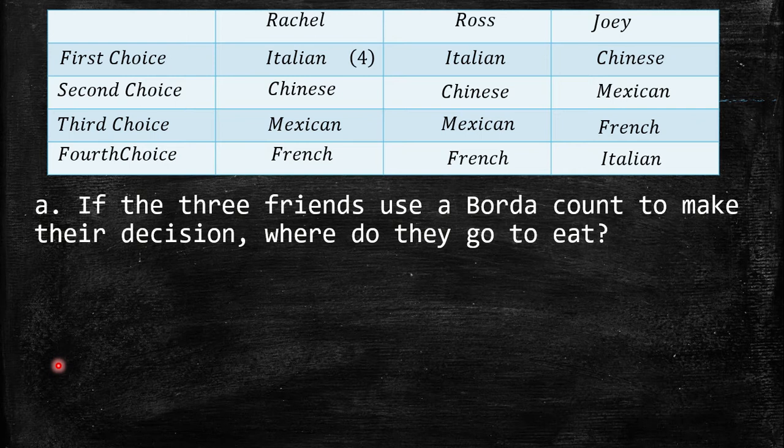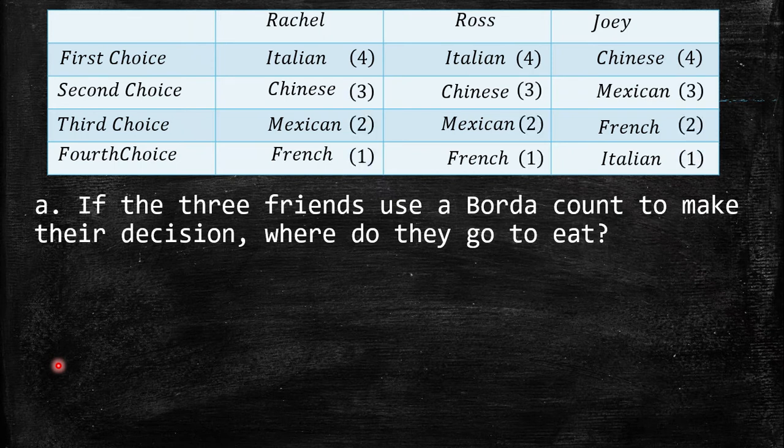We provide points to the most preferable option, the first choice, and we choose 4 because we have 4 options. Naturally, if we had 3, we would start with 3 as the maximum. Then 4 for the first option for all friends, then 3 for the second, and so on.